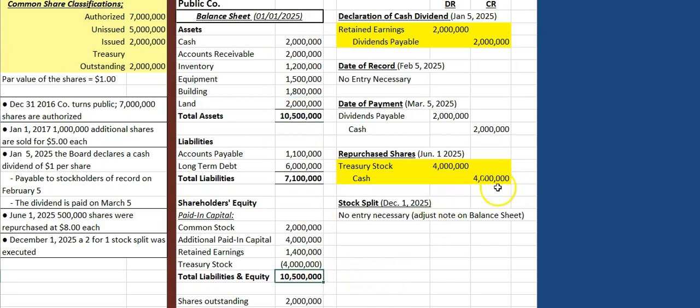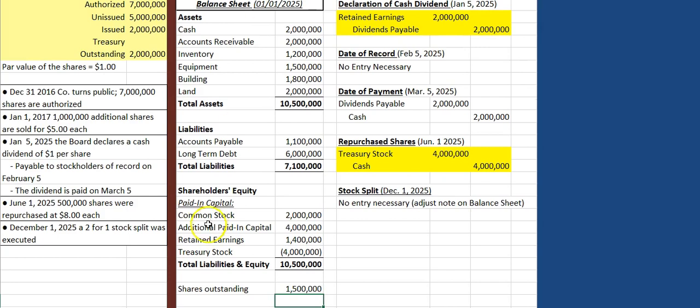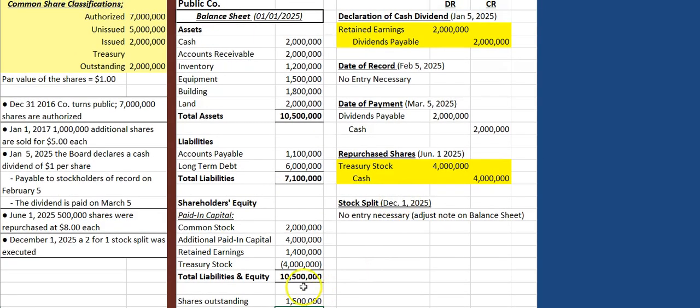And shares outstanding, well, we reduce the shares outstanding by 500,000. This equals 2 million minus 500,000. Now we have 1.5 million shares outstanding. Okay, I'll put the treasury shares here.